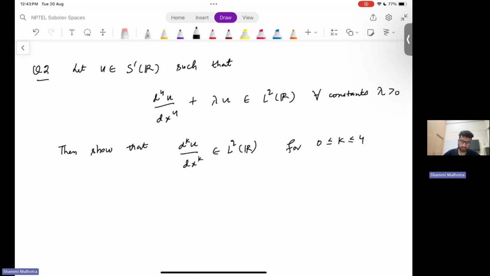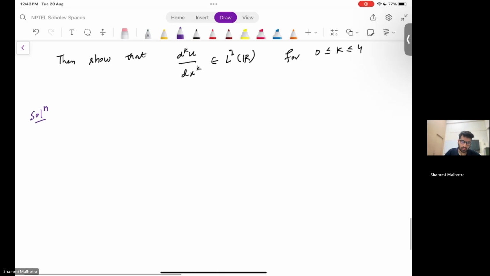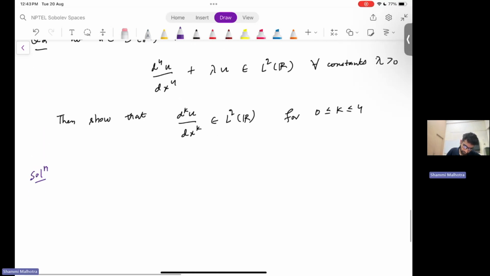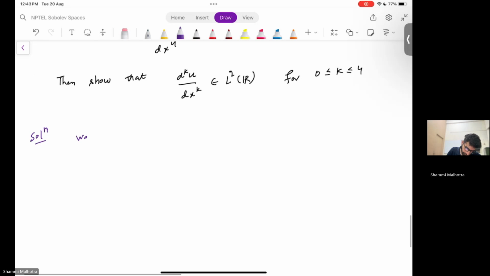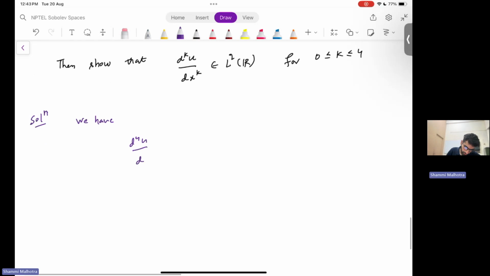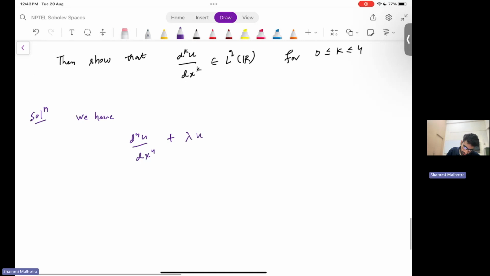So what we try to do, that's the first step. So we would like to solve this. So first of all, we have d^4u/dx^4 plus lambda u is in L2.